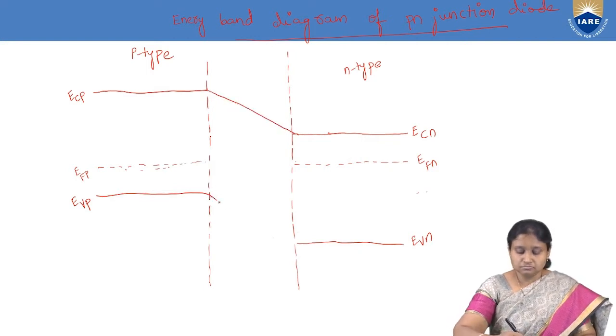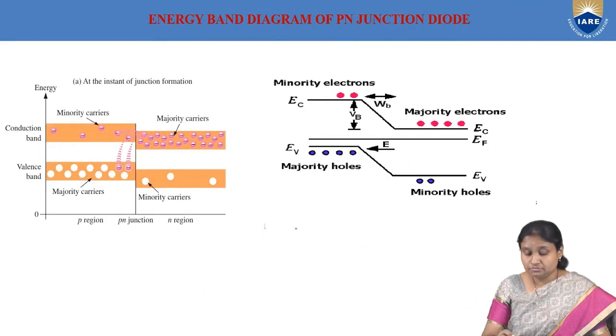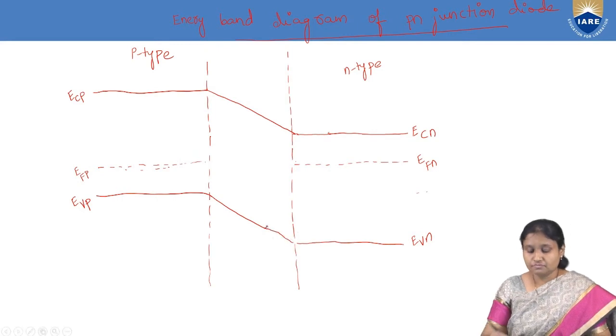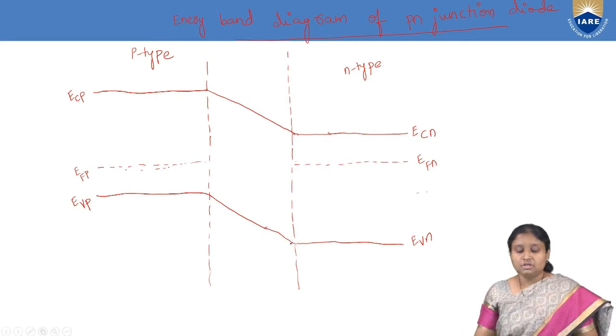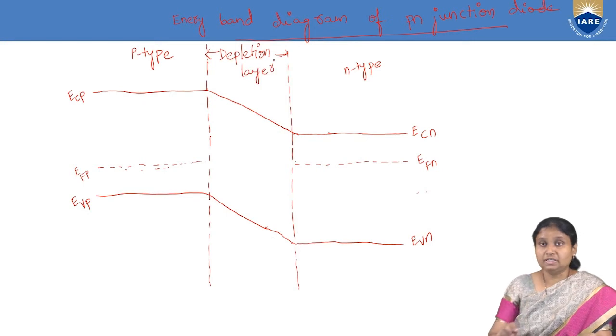If you look at this graph, what exactly is this region? This region is called the depletion layer.